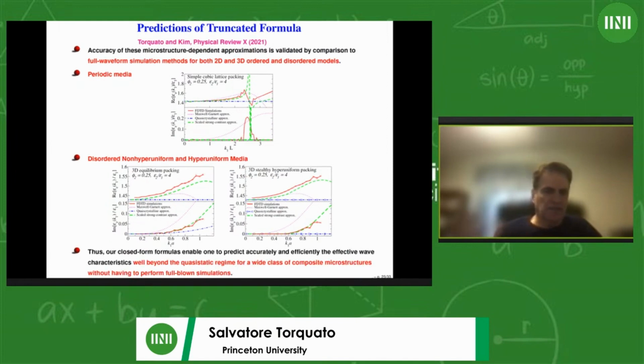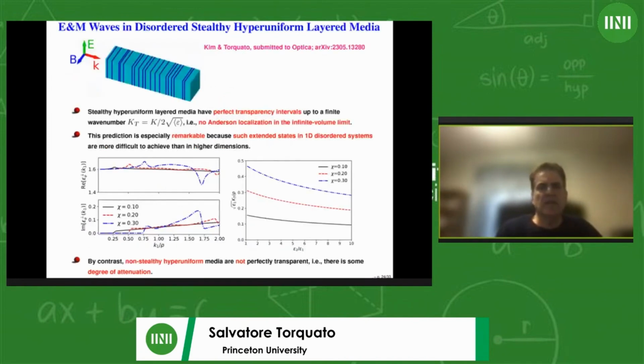Okay, so the point is if you believe these formulas, then you have a way of getting estimates well beyond the quasi-static regime for a wide class of composite structures without having to perform full-blown computer simulations. Now, in this very last slide, I want to just tell you about some very recent work that was actually posted to the archive just the other day.